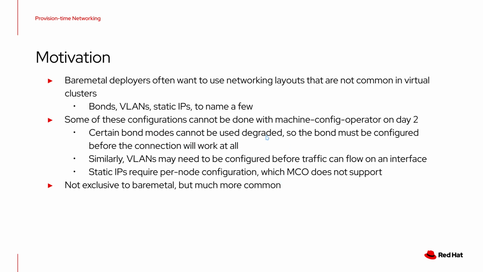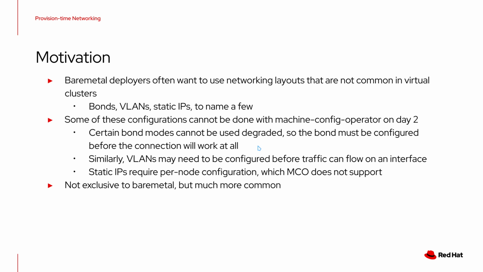And I should mention, some of these things, the bonds and VLANs especially, some of them were implemented using custom images previously, and that does work. It's a little bit more of a hassle. In fact, the implementation of provision time networking was very much just a bit of automation around the custom images, because that's essentially how we're doing this.